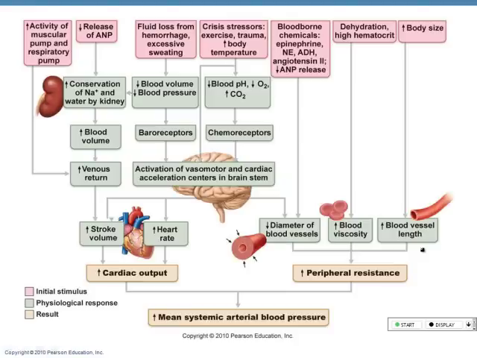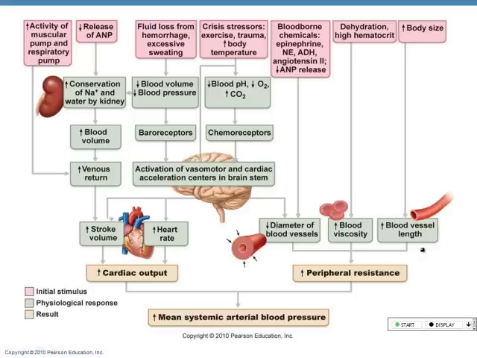Mean arterial pressure. So what's happening here again? If I need to increase pressure in the system, that means pressure starting to go down. So all of these wonderful things are going to help increase mean arterial pressure in the system.